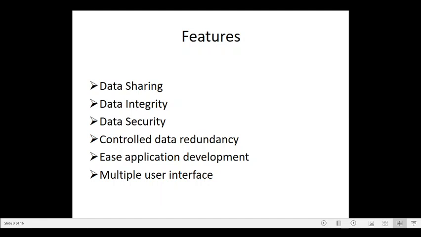DBMS also facilitates data security. Database system has data security checks whenever access is attempted to sensitive data. The relational database management system ensures that the only means to access the database is through authorized channel only, through which data security is provided.